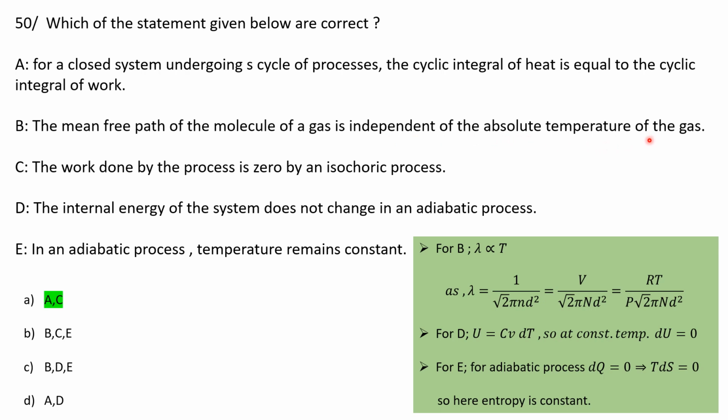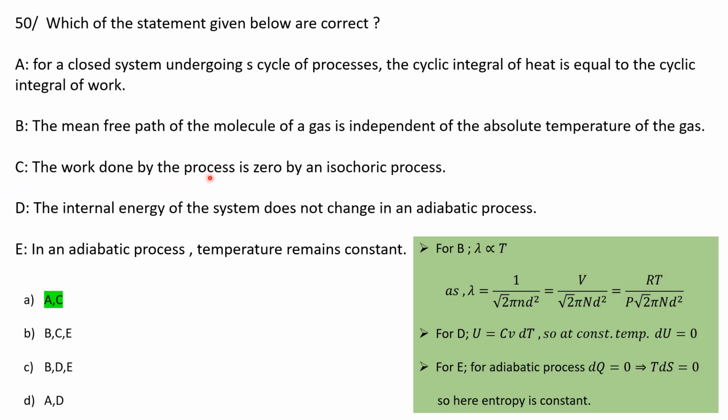This is wrong because we know that lambda is proportional to temperature. How? Because we know that lambda is equal to 1 by root 2 pi n d square. So this small n can be written as capital N by V, and this V can be written as RT by P. So from here we can conclude that lambda is directly proportional to the temperature. So option B is incorrect.